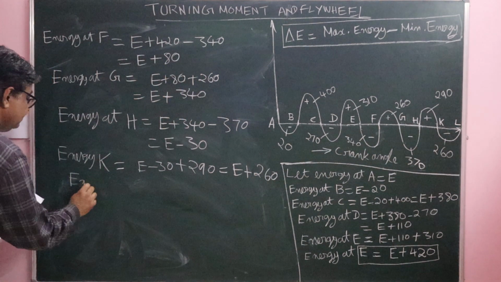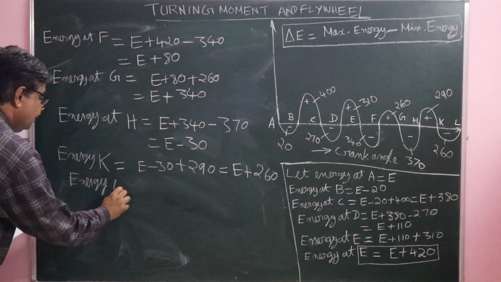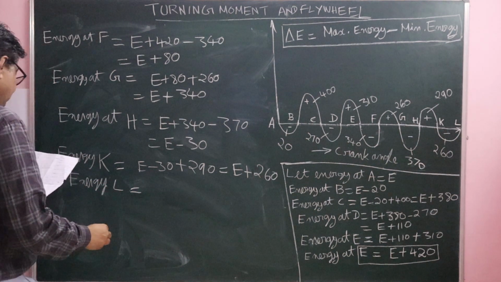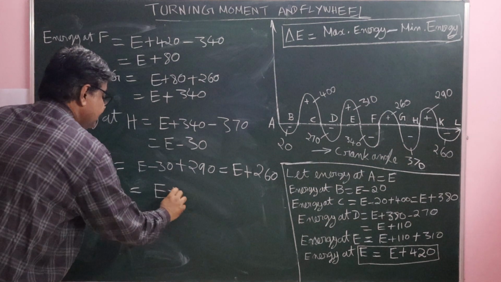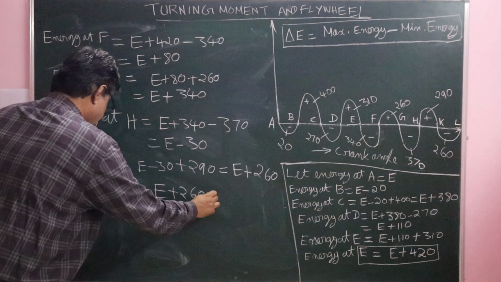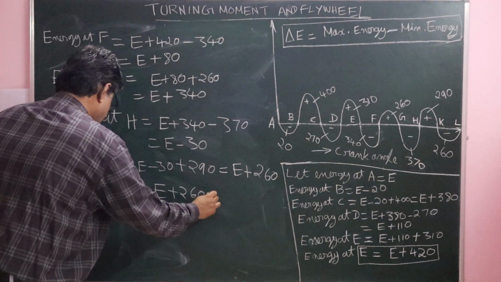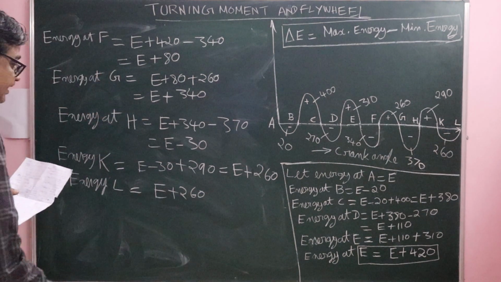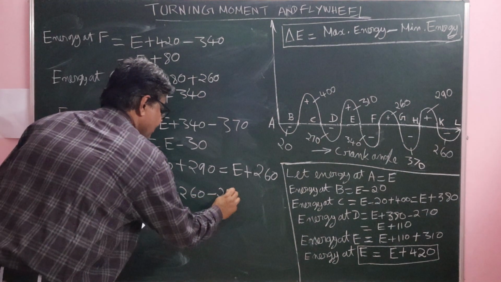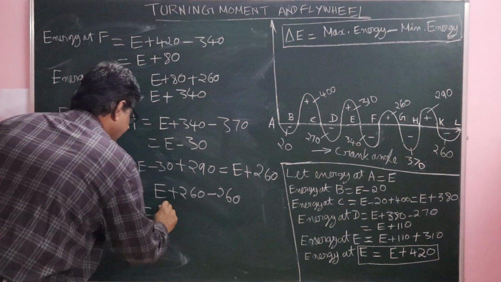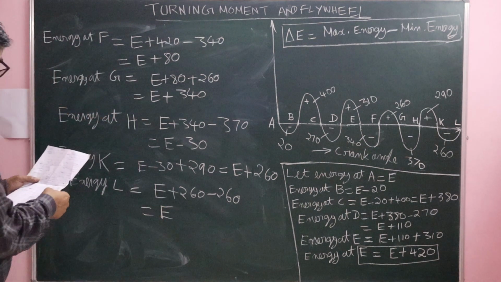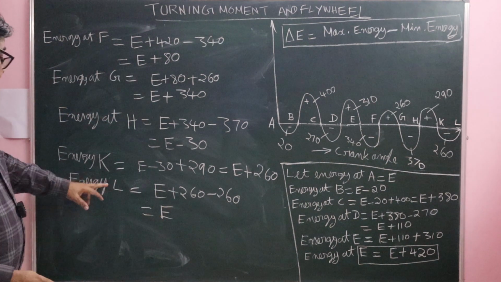Energy at L is equal to E plus 260 minus 260. This is equal to E. Therefore, energy at L is equal to E.